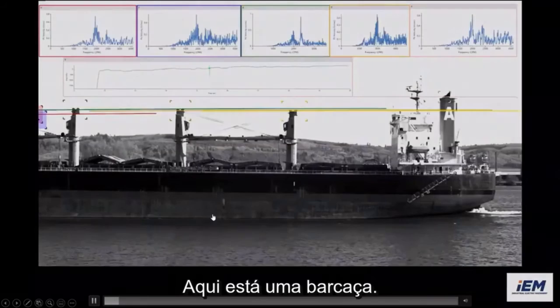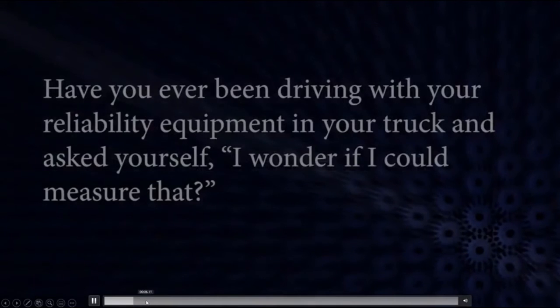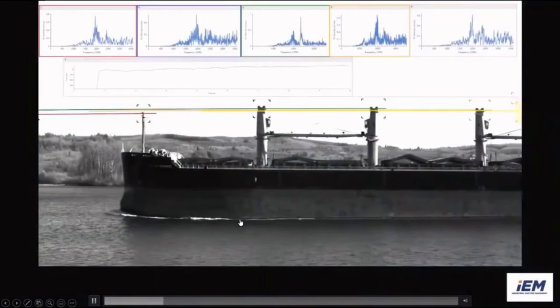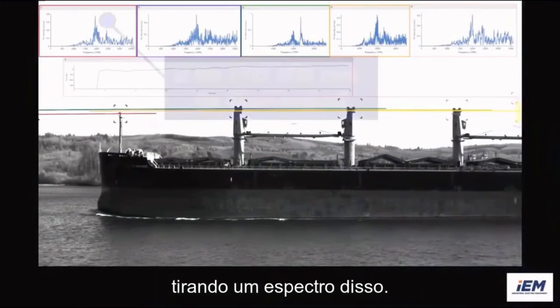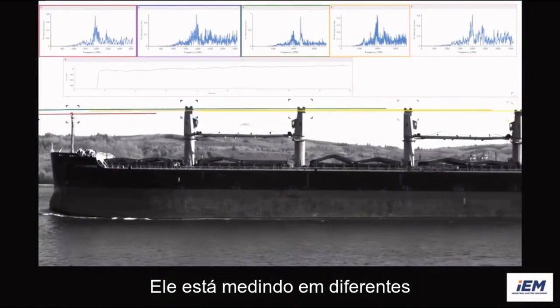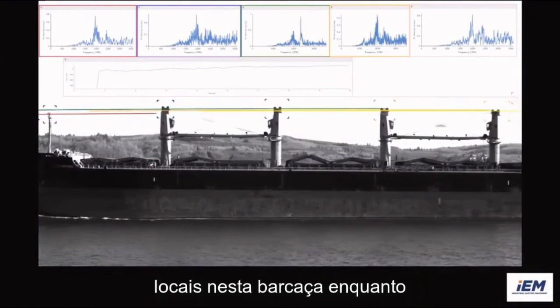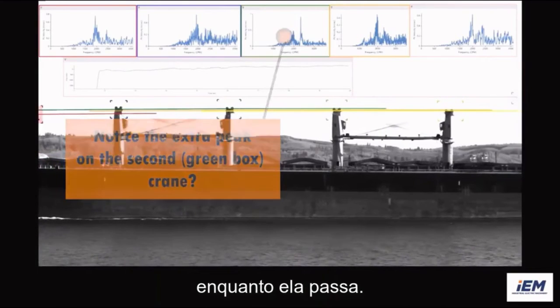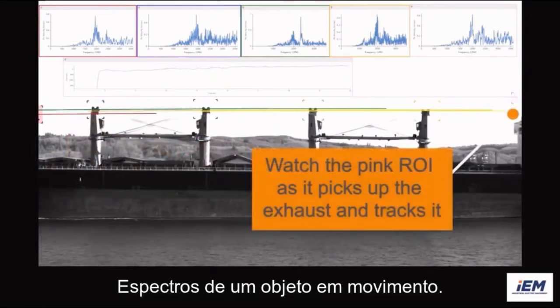So here's a barge, and you'll notice that he's pulling spectrum off this. He's measuring in different locations on this barge as it moves through and pulling off frequencies as it moves through, right? So again, frequencies of moving objects.